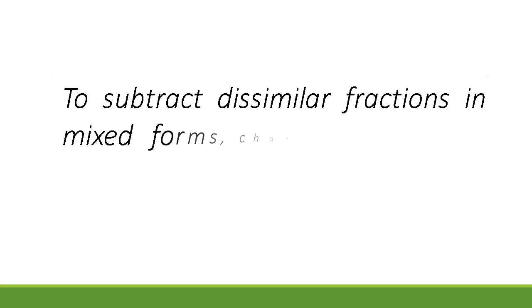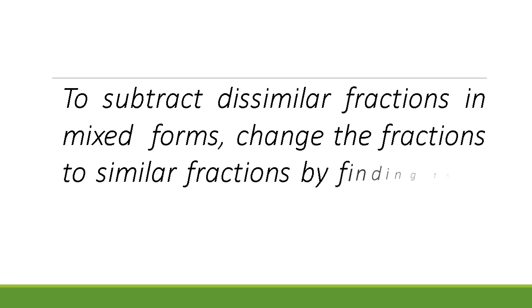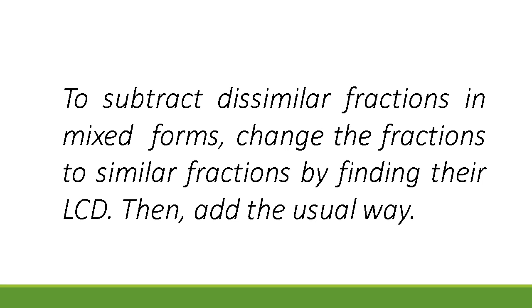To subtract dissimilar fractions in mixed form, change the fractions to similar fractions by finding their LCD. Then subtract the usual way. Example, 25 and 7/8 minus 14 and 3/6.